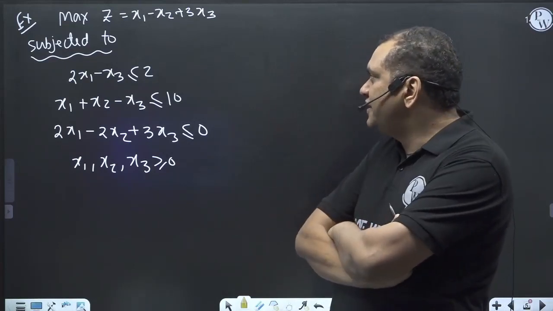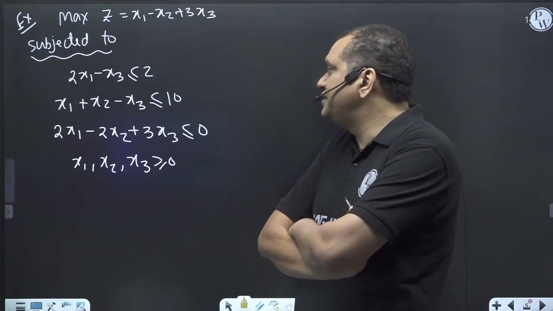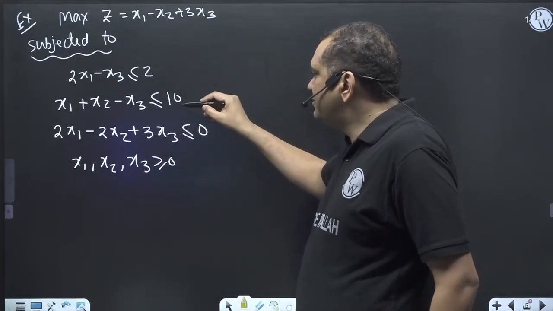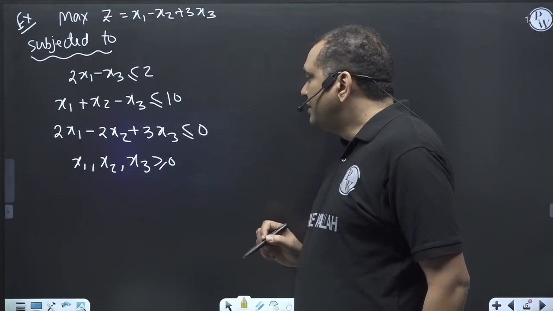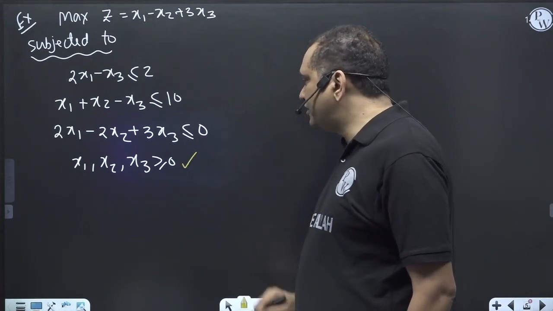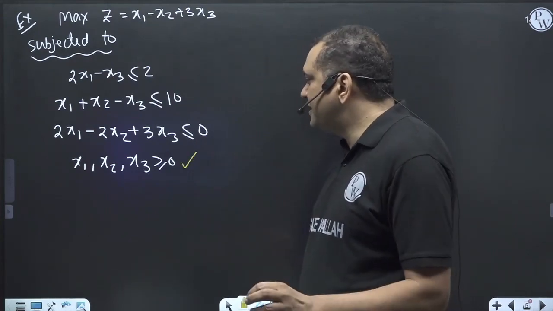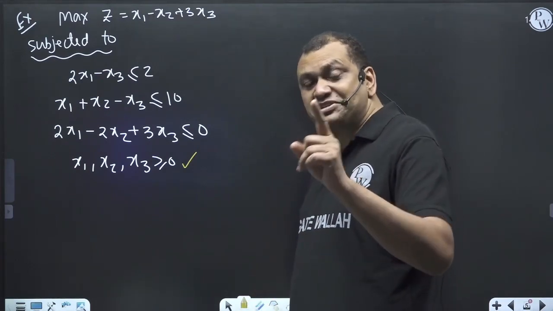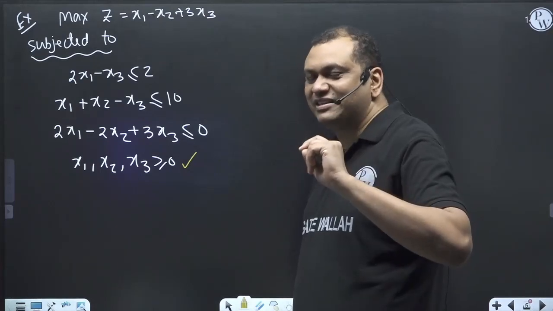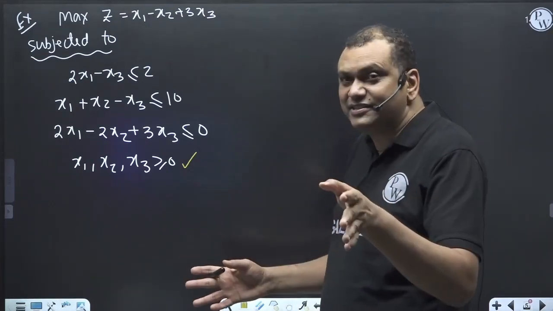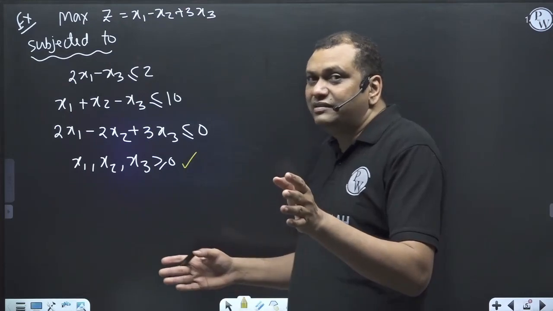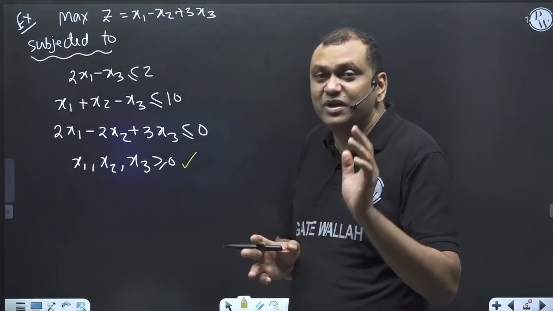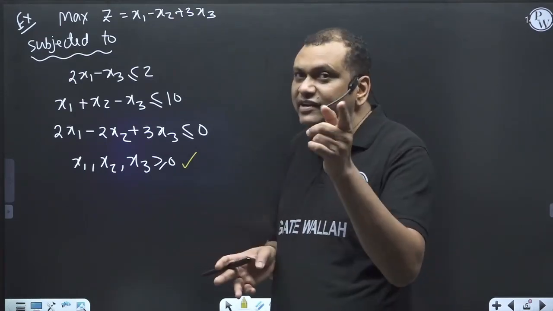Now there are 3 variables, x1, x2 and x3, and there are 3 constraints: first constraint, second constraint, third constraint. And a very important constraint is x1, x2, x3 greater than or equal to 0. I also told you during the graphical method that it decides in which quadrant my solution lies.